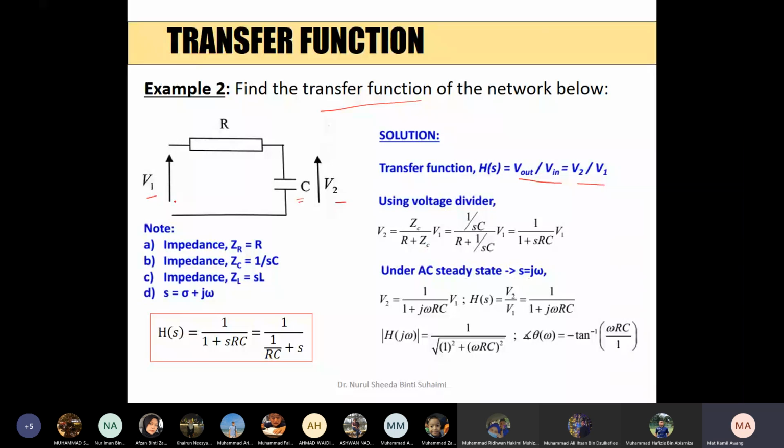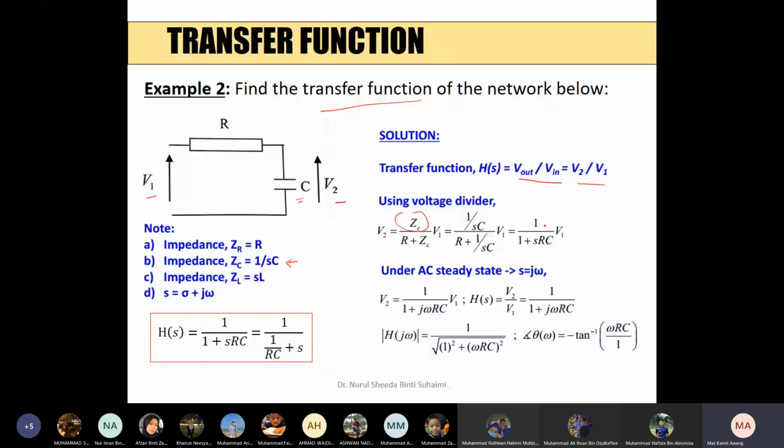What is the impedance of the capacitor? It is 1 over SC. So 1 over SC divided by R plus 1 over SC, times V1. You simplify, you get 1 over 1 plus SRC, times V1.